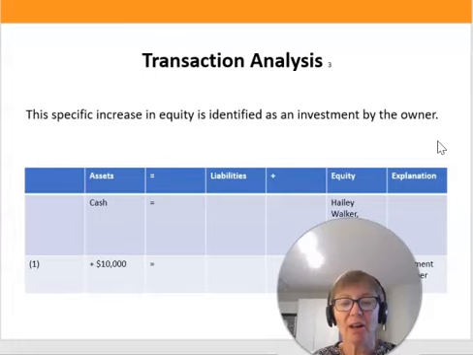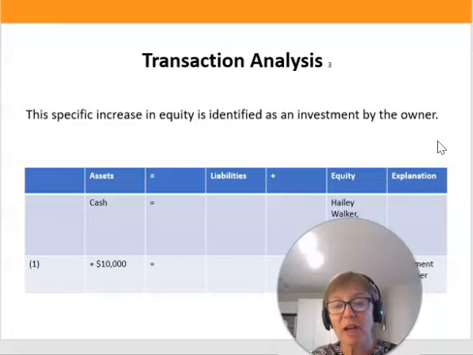Walker invested cash, so the company got $10,000. What happened on the other side? Equity, owner investments, which directly affects the equity section of your balance sheet and your statement of changes in equity. So you can see that with that transaction, it balances.